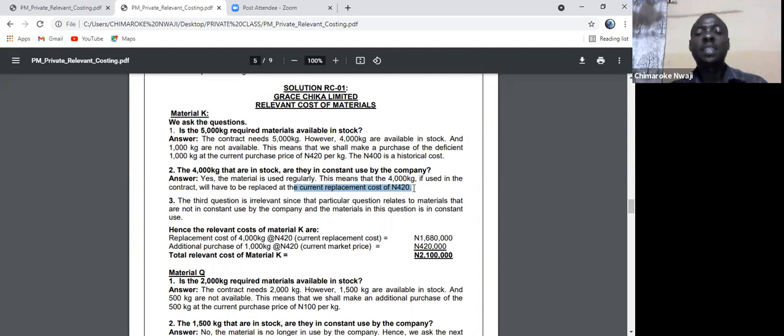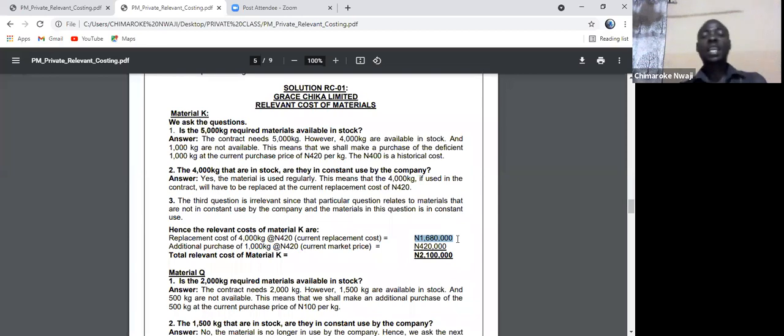So it means that we need 5,000. You currently have 4,000. If you use those 4,000, you are going to replace. So you see it here, replacement cost of 4,000 at 420 naira gives you 1,680,000.